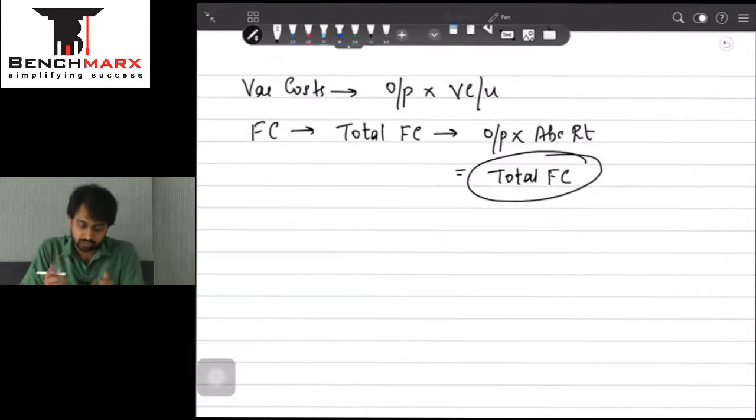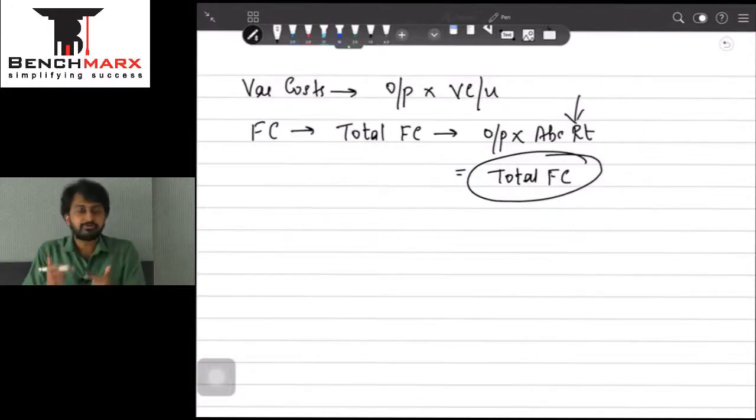So do not use the absorption rate into the new volume. By doing this you will be treating the FC like VC, that is, changing as per the output. However, in case of FC, always find total fixed cost and then keep it the same for another level of output as well, because fixed costs are period costs, they do not change depending on the output.